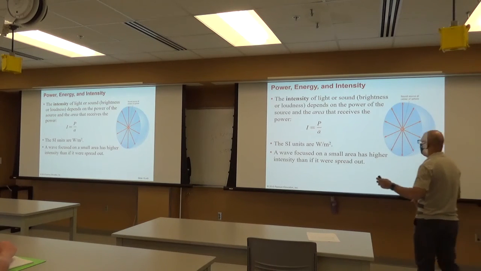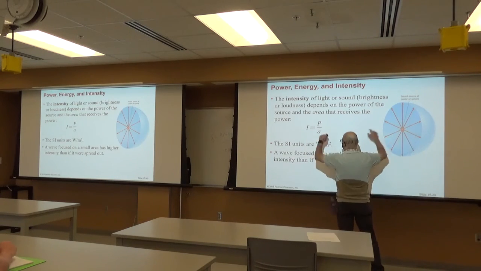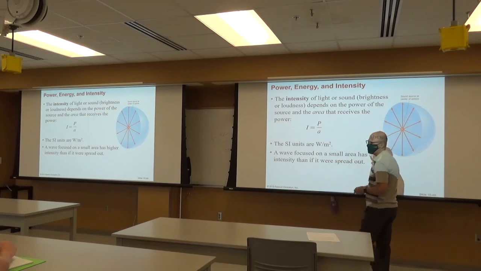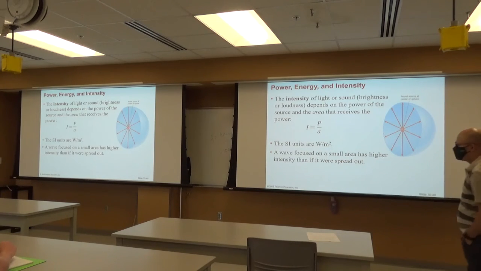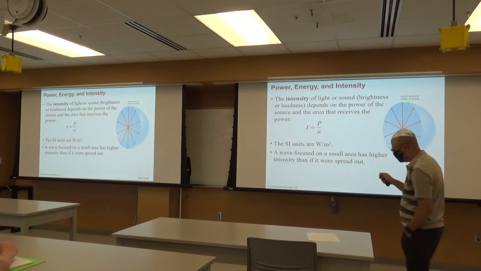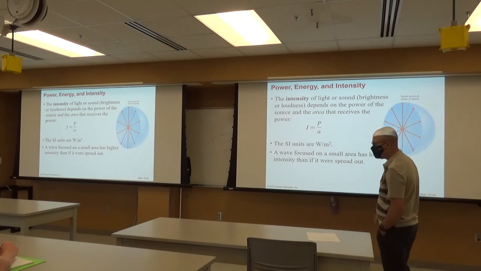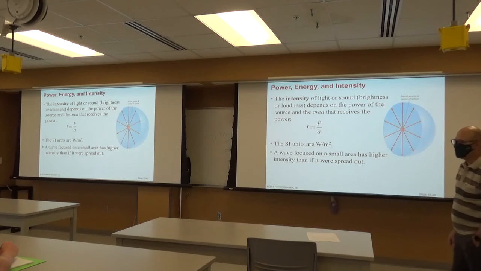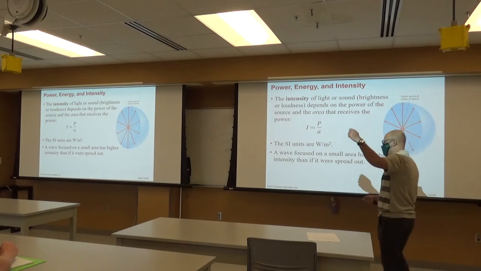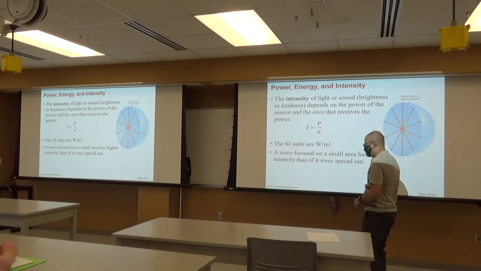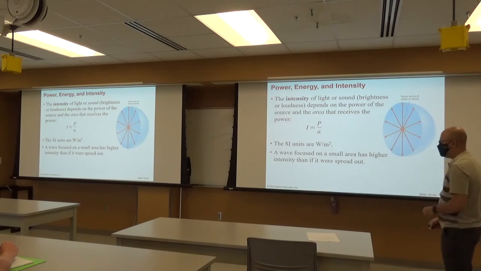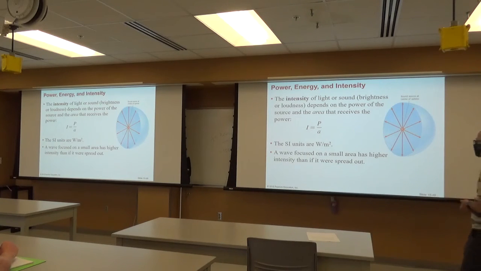Light over this much area or light over a small area? Smaller area. Like if you focus light with a magnifying glass over a small area, you can actually burn a piece of paper, right? So if you focus the sunlight on a small spot with a magnifying glass, it will be very, very intense. That can even burn your skin.